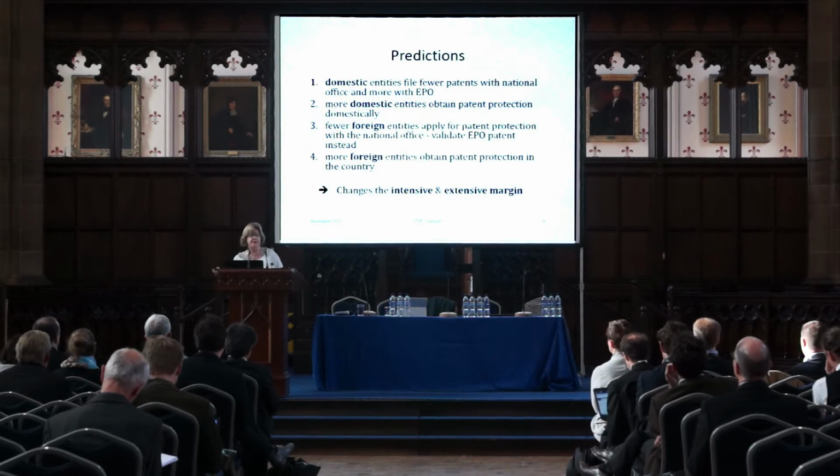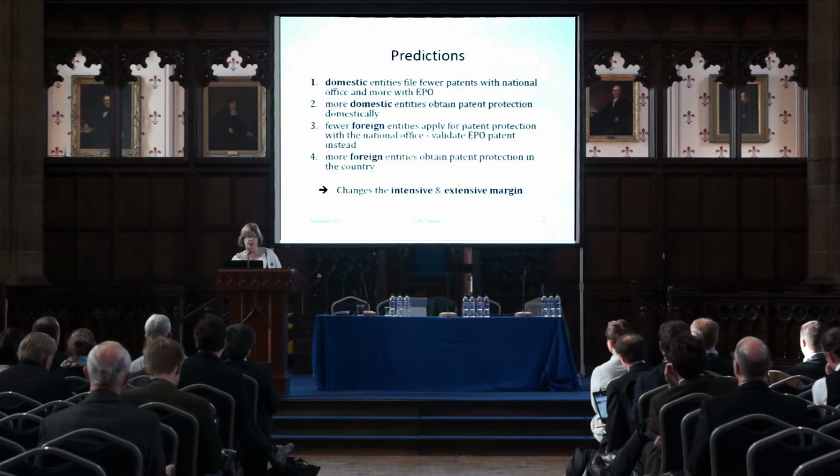Okay, that's what you'd expect. Now you can just, on the margin, get this other country if you wanted it. More foreign entities do indeed obtain patent protection in the country, choose to exercise that option, meaning changes to the intensive and extensive margins.